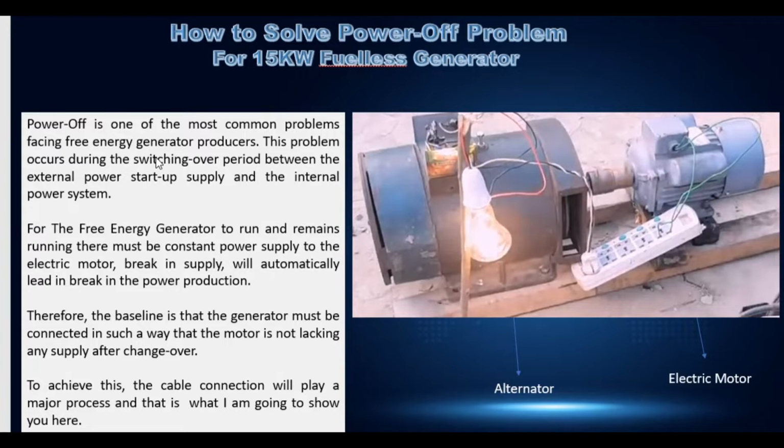So far so good, we've been on how to design a free generator. For some time now, we have been discussing how you can achieve a maximum capacity of free energy using one electric motor system.